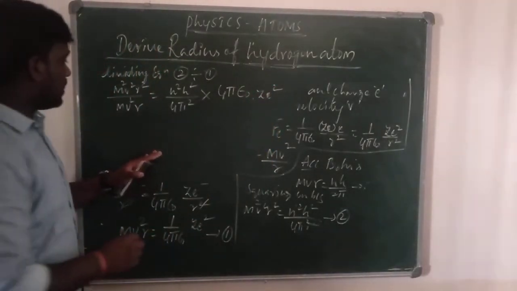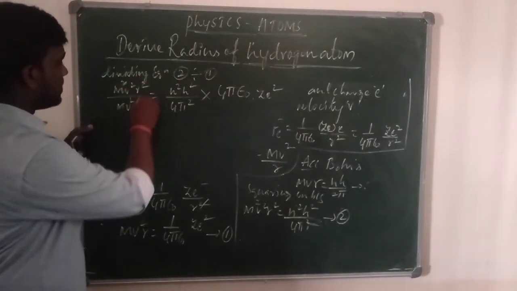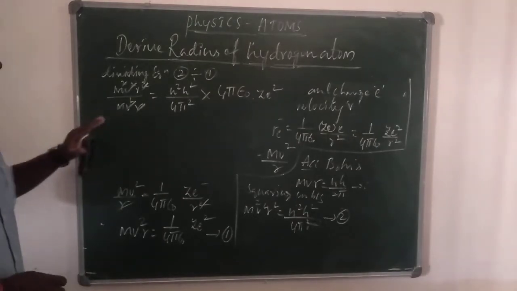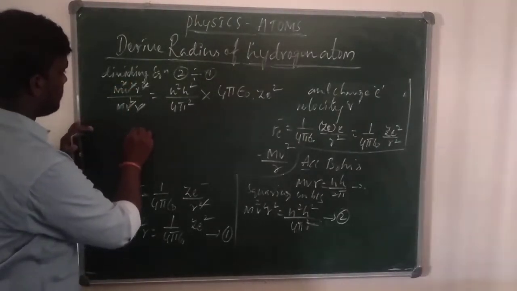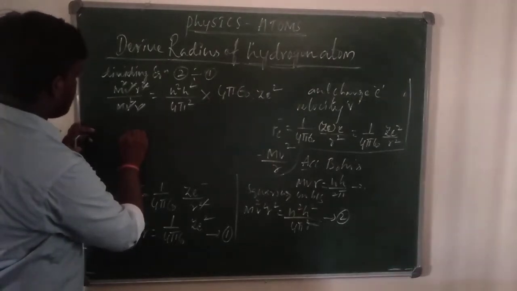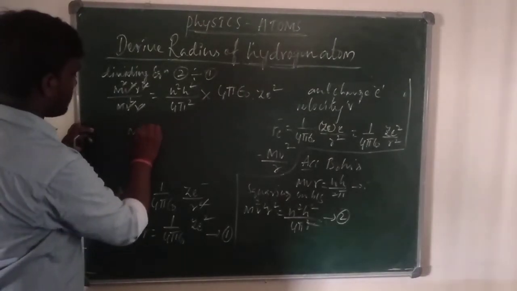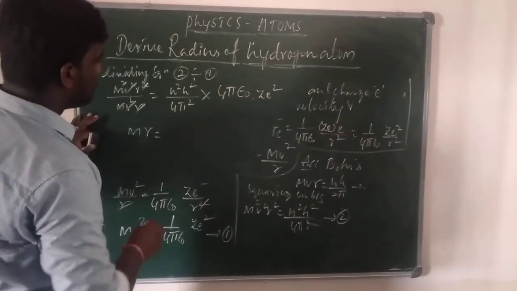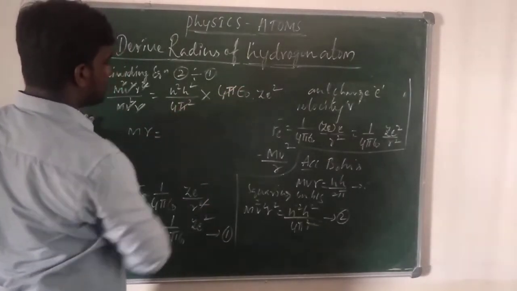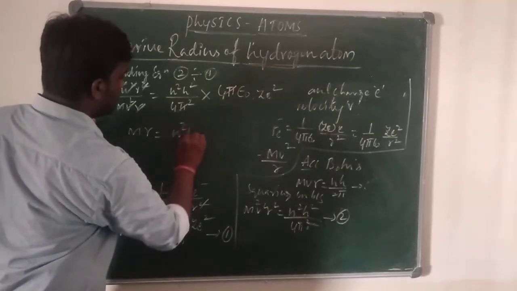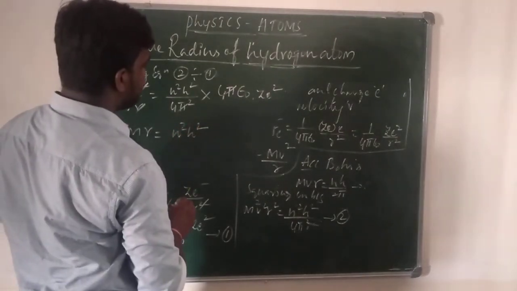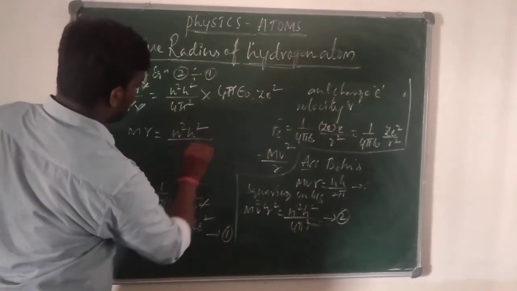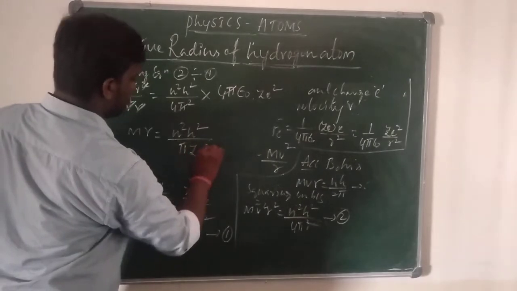Here m square and m get cancelled, r square and r get cancelled, v square and v square get cancelled. What remains on the left-hand side is mr, equal to n square h square epsilon naught divided by pi Ze square.